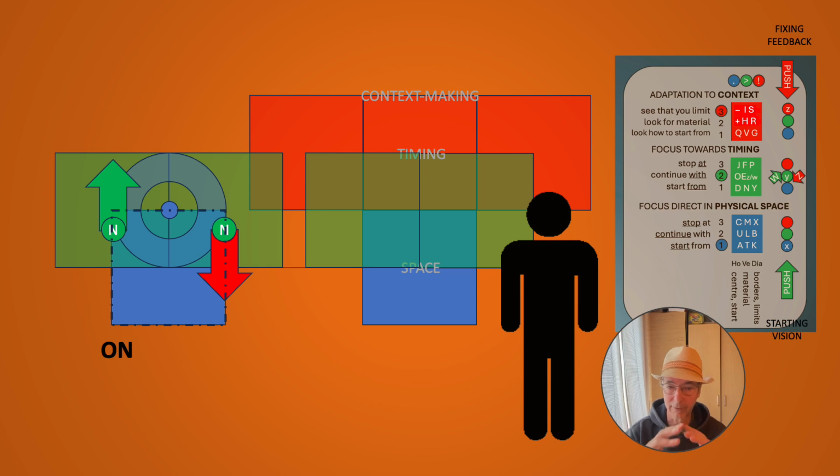So you have that spatial frame, where all that is physical, and the timing frame, which, when you associate it with our way of looking at the world, is at the horizon, where the space is underneath and the sky is on top. The context making will then be associated with the sky, as a matter of speaking. It's just symbolic, but that's a very good way to associate the right things.